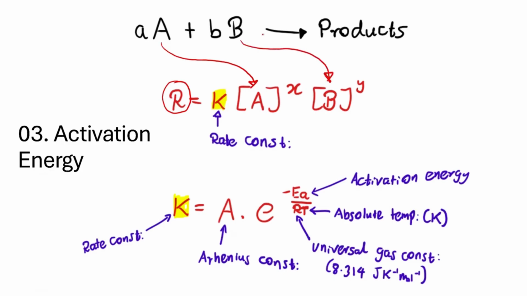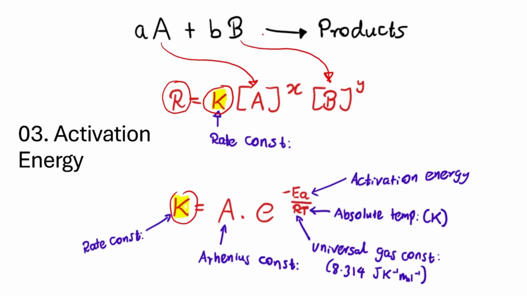Y is the order with respect to the concentration of B. And then I discussed that there are many other factors affecting the rate of the reaction. But here we can only see the concentration terms, because the other factors are hidden inside this rate constant. The rate constant is another complete equation itself.